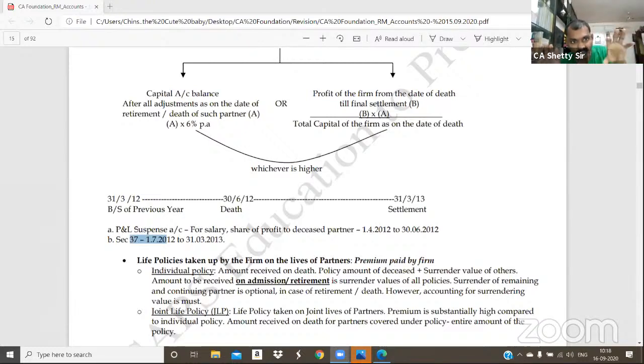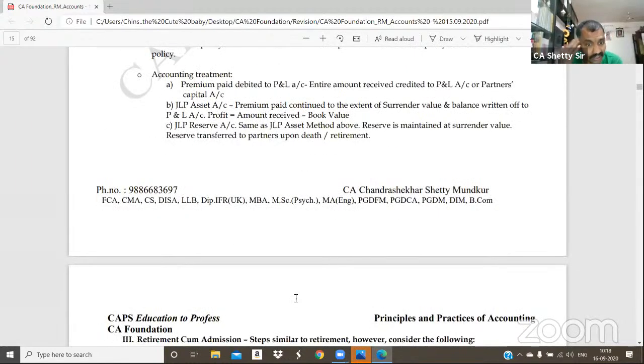If a partner dies, his entire policy amount should be received. And if the partner doesn't die, then surrender values have to be received. What is surrender value? Had they surrendered the policy on that date, whatever amount they would have got. That's it.